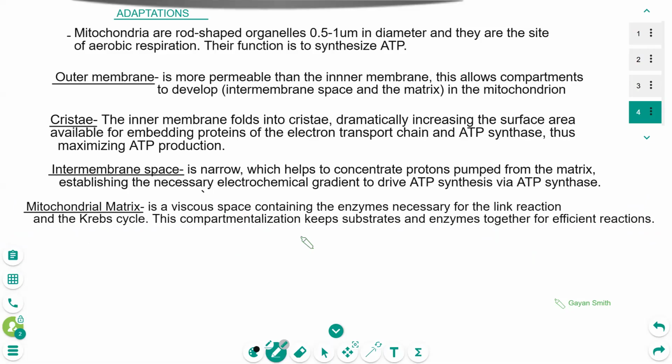This compartmentalization keeps substrates and enzymes together for more efficient reactions.